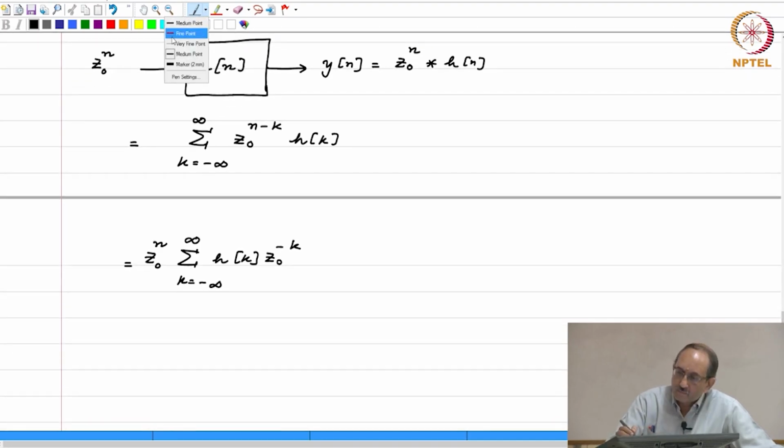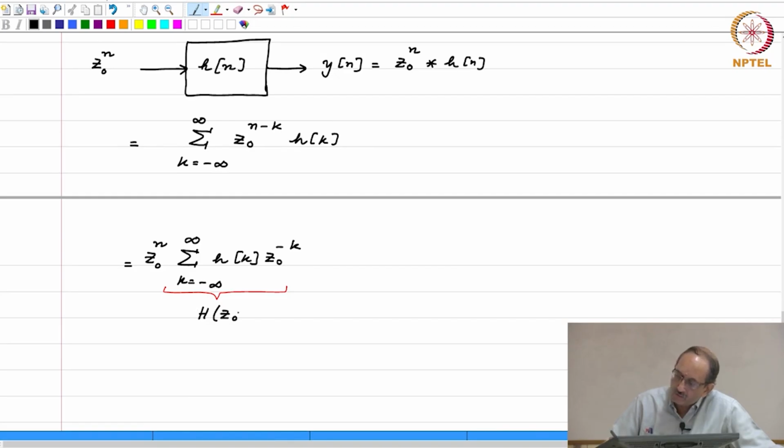Now, when you sum up over all k, this is not going to depend on k. It surely will depend on h, little h. To show its dependence on little h, we will denote it as cap h. It will also be a function of z naught.